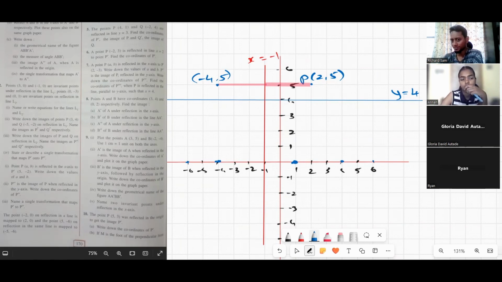You calculate, no. See, your line is here, the point is here. This line is at 4, the point is at 5. So this is 1 unit ahead of it, so you'll go 1 unit behind. So here is the reflection. That'll be 2, 3. We'll call this point P dash.